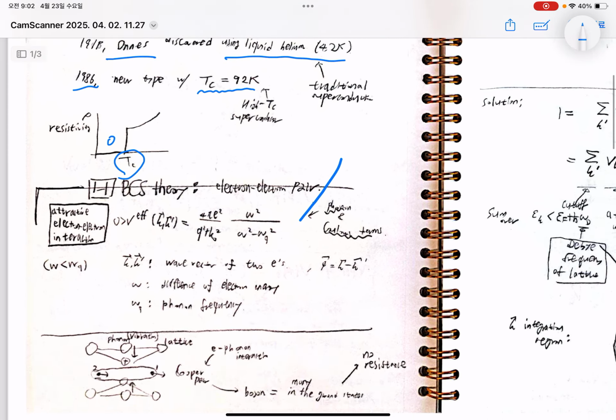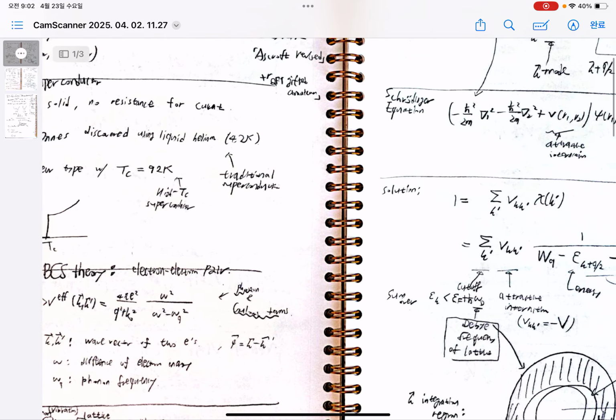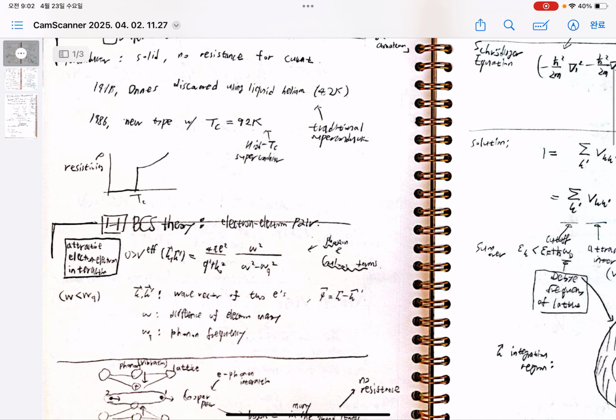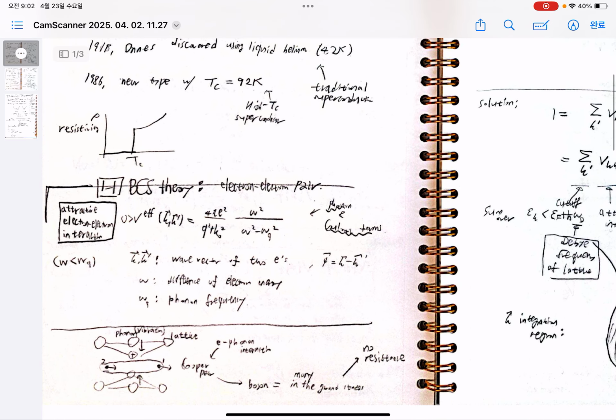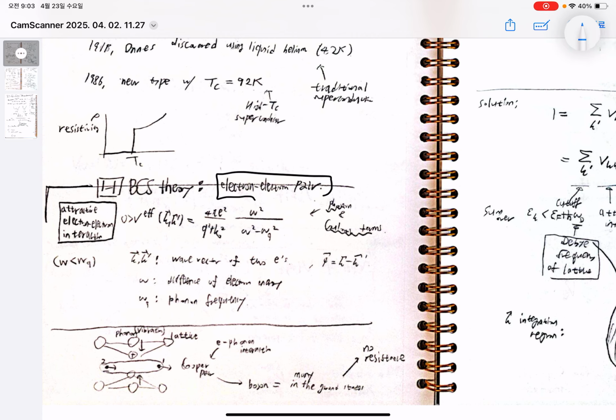Now let's talk about the microscopic point of view with the BCS theory. In the BCS theory, electron pairs, which are called Cooper pairs, are formed by the electron-phonon interaction.